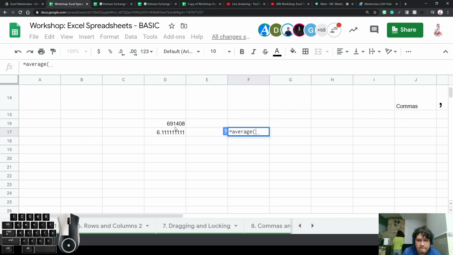And then you say, okay, I want an average between this, and then you put a comma, and this. Then you close the brackets. And there you go, you have an average. Let's make it bold so everybody knows it's an average. Beautiful.